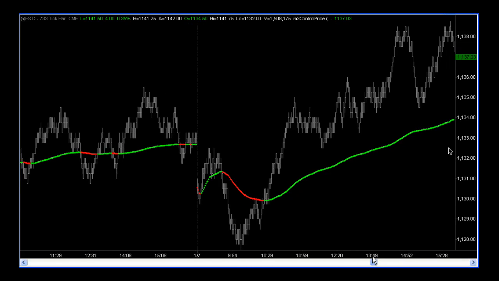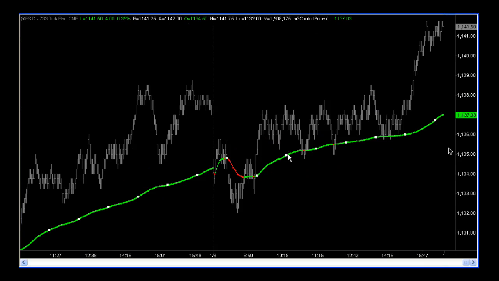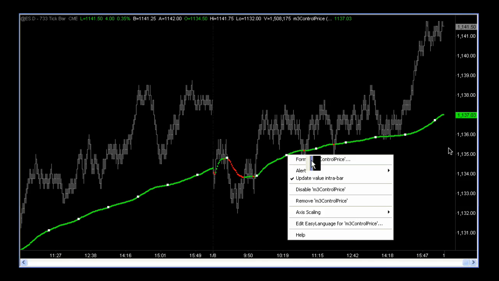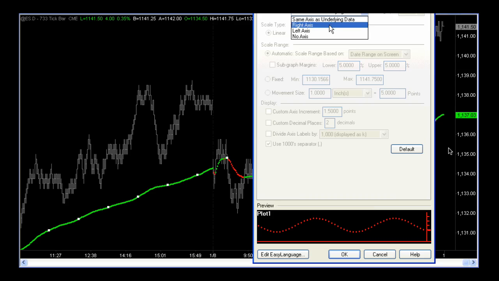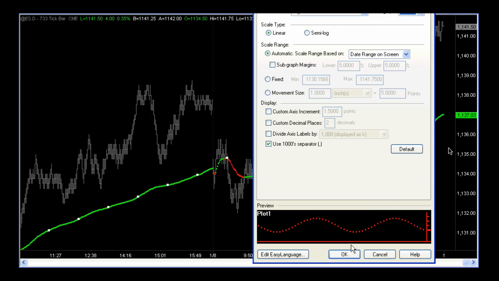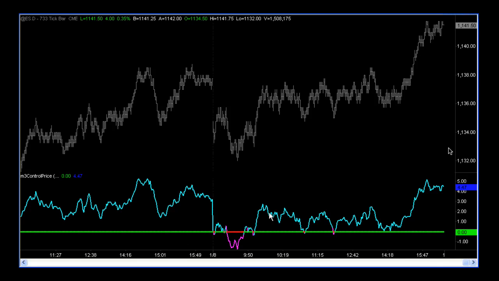Now, I'm going to show you a couple different ways to use this. So let's go format this control indicator. We have control, we're using a daily period. And what we're going to do is show price and turn this into a control oscillator. When I do that, I want to display this on another subgraph or subpane. And there we have it.